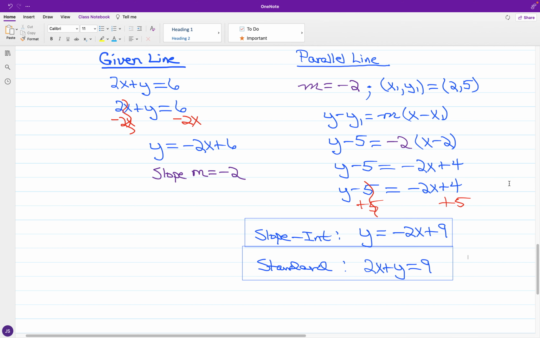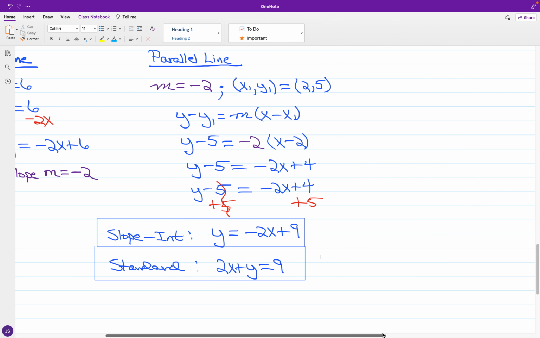And you can always go back and check the forms. Okay, so again with x at 2 and y at 5, we have 5 is equal to negative 2 times 2 is 4, negative 4. Negative 4 plus 9 is equal to 5. And with x at 2 and y at 5 with the standard form, 2 times 2 is 4, 4 plus 5 is equal to 9. Okay, so this will check out.